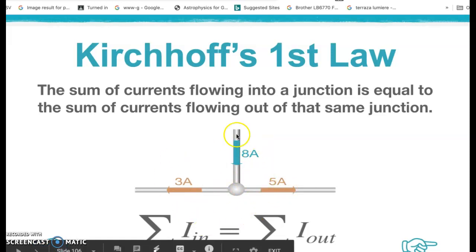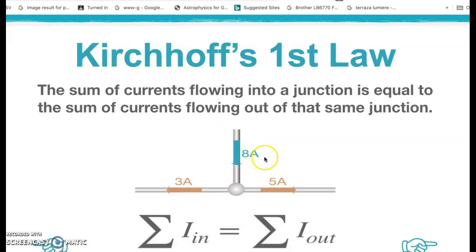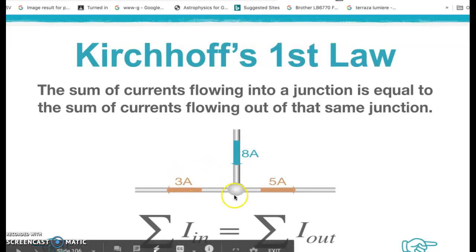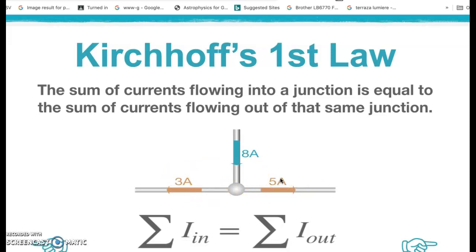This is a great example. If you have 8 amps flowing into a junction, then you will have a total of 8 amps flowing out of a junction. So here we have 3 amps in one direction, and 5 amps coming out. Again, they're both coming out of the junction, and 3 plus 5 equals 8. So we see that Kirchhoff's first law is respected.